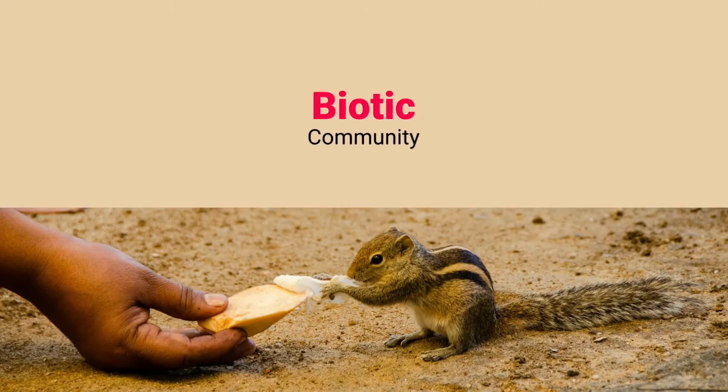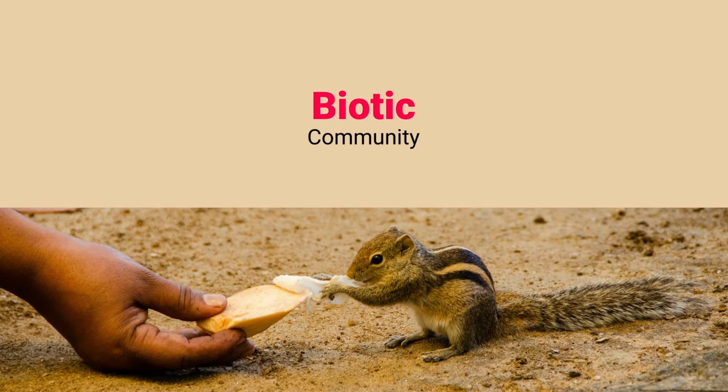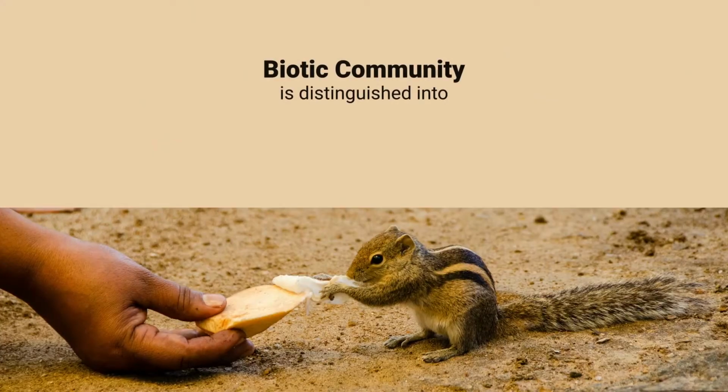Then again, if you look further, the biotic component of the ecosystem can be distinguished into autotrophs, heterotrophs, phagotrophs, and saprotrophs.